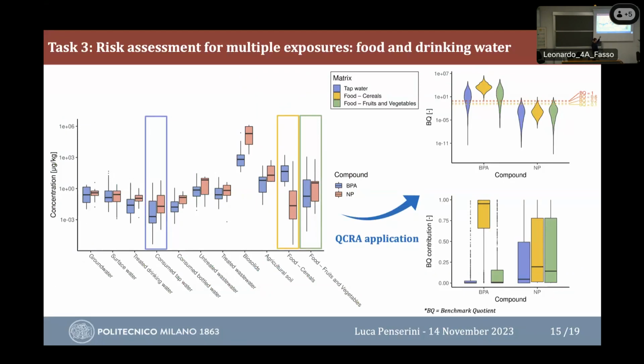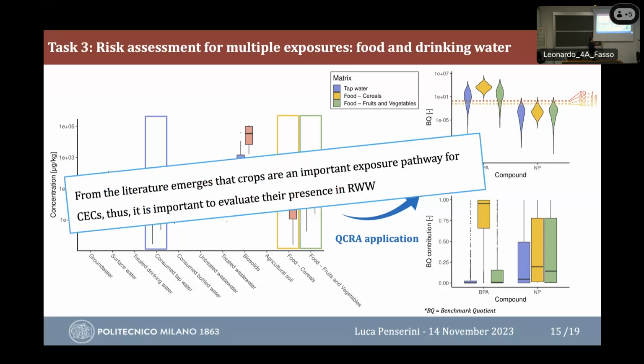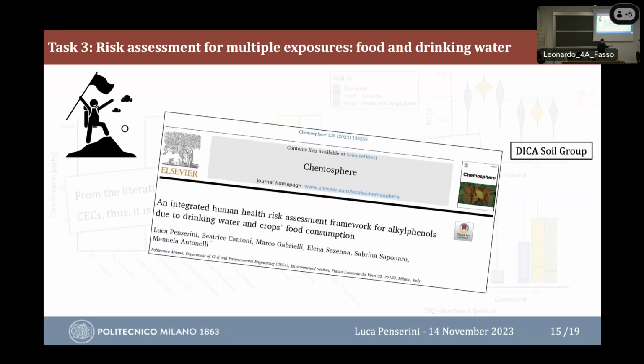And we can see that for food, there's an important contribution to risk. So what emerged from here is that crops are also an important exposure pathway for contaminants of emerging concern. So they should be monitored in the reclaimed wastewater. This work has been published recently.